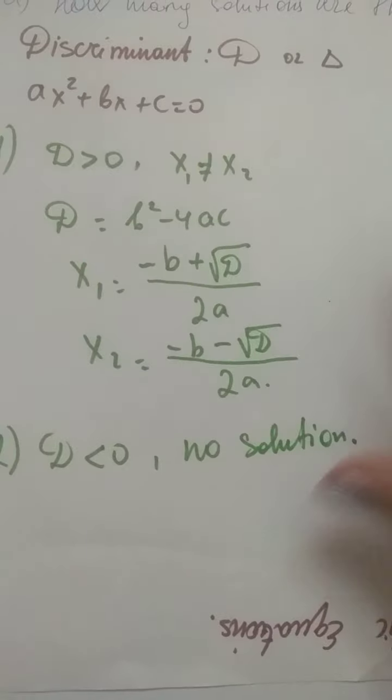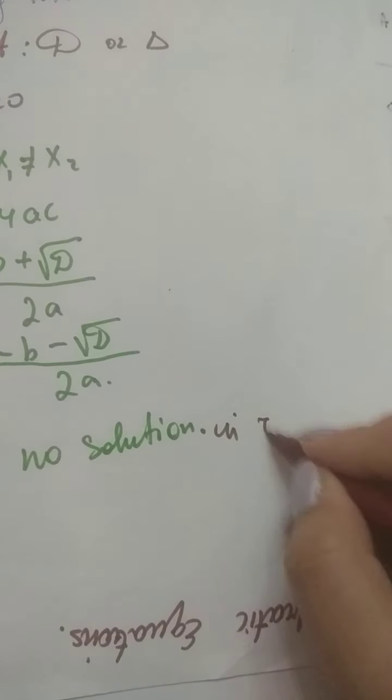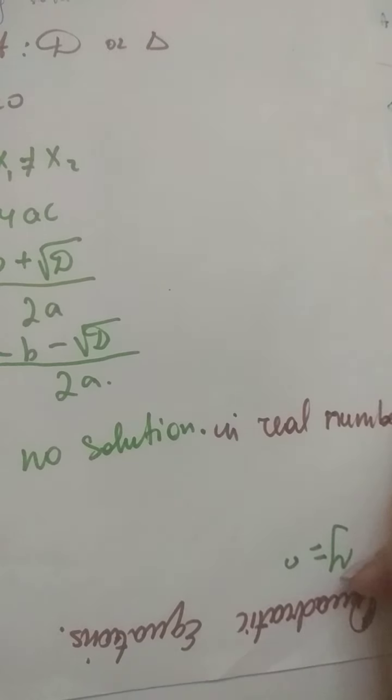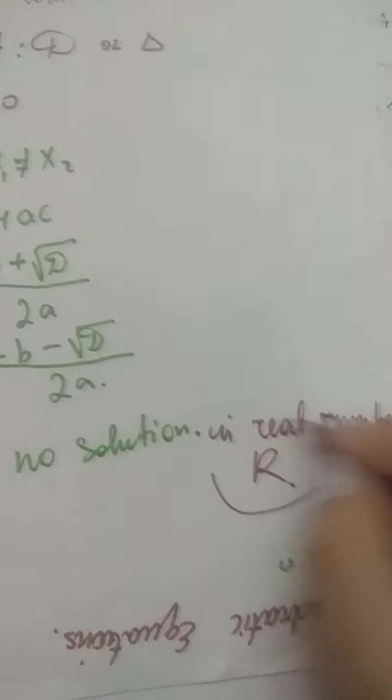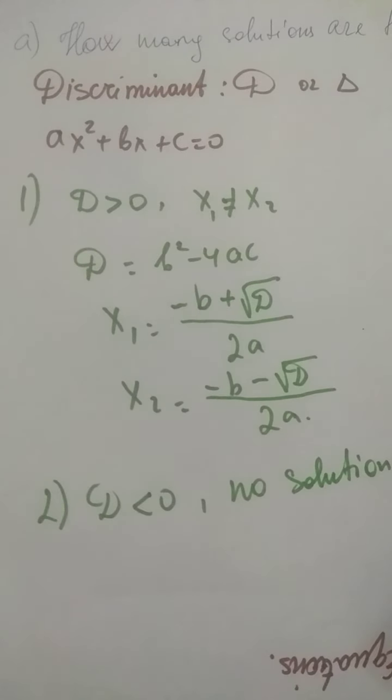But be careful. No solution means only in the real number set. Okay, the real number set, which is R. In the real number set there is no solution, but in the complex number set we have a solution.